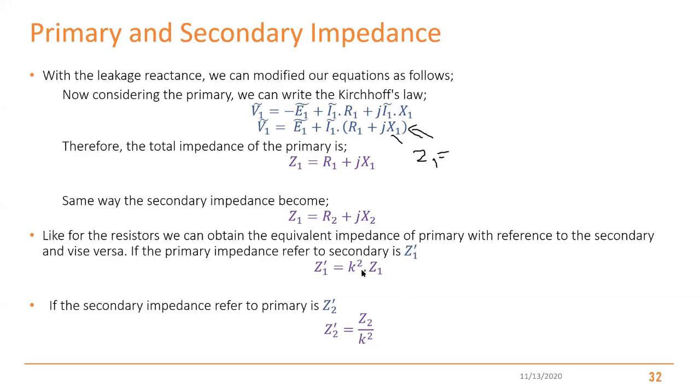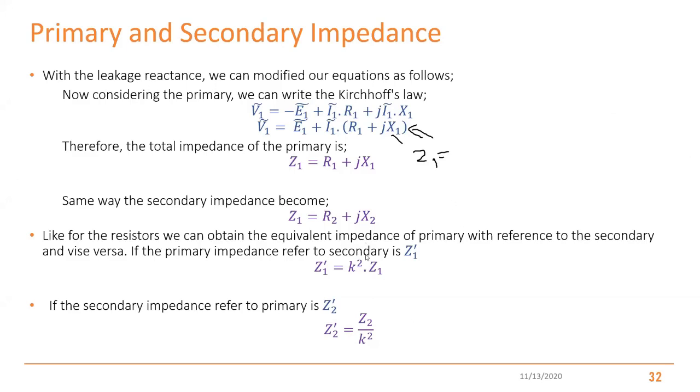If you are referring from the primary, we can write the impedance of the secondary as Z2 dash. So when you are transforming from secondary to primary, you have to divide the impedance by K squared. K is the transform ratio.